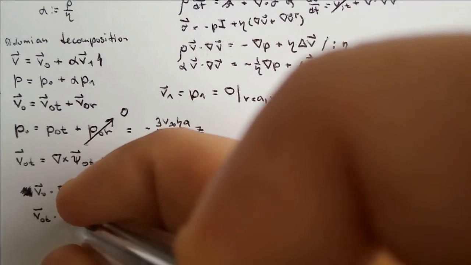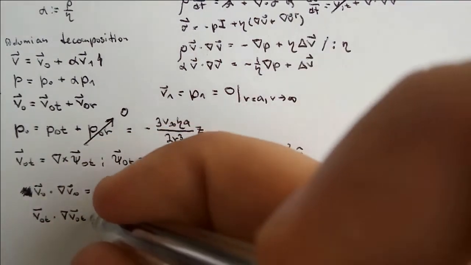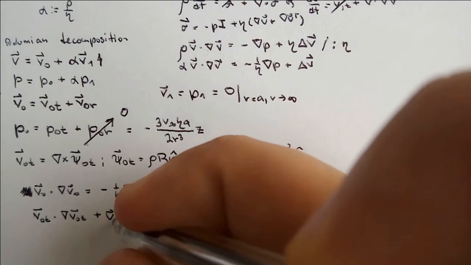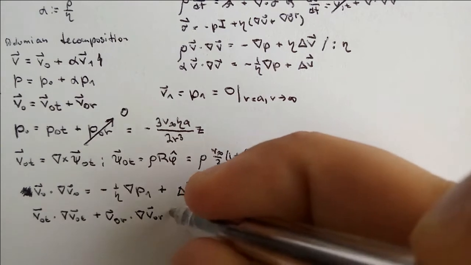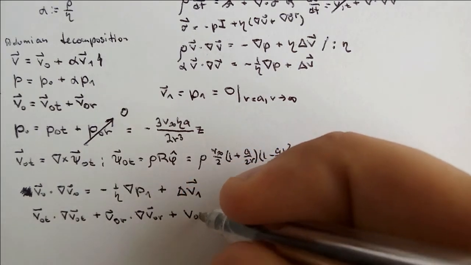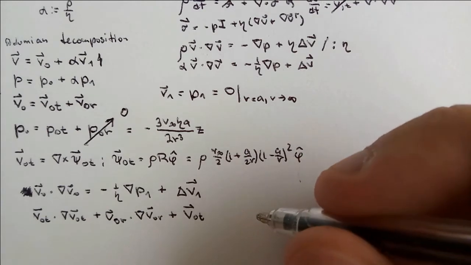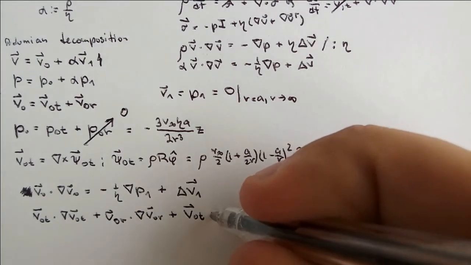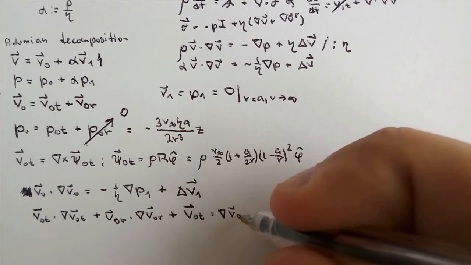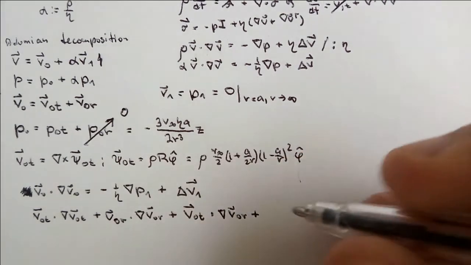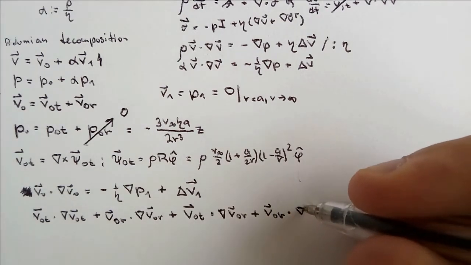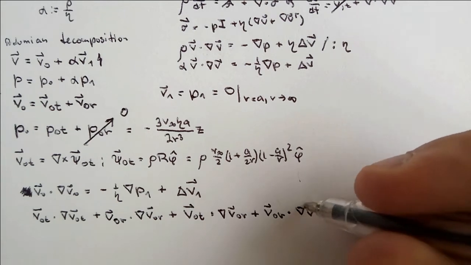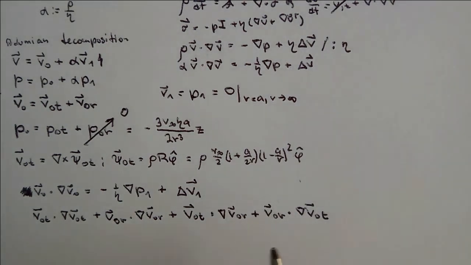V0t dot gradient of V0t is the first term, plus the second term is V0 rotational dotted with the gradient of V0 rotational, plus the cross terms: V0 translational part dot product with the gradient of the rotational part, plus the opposite, V0 rotational part dot product with the gradient of the translational part, and this should equal the right-hand side.